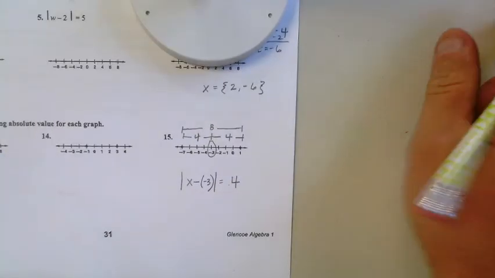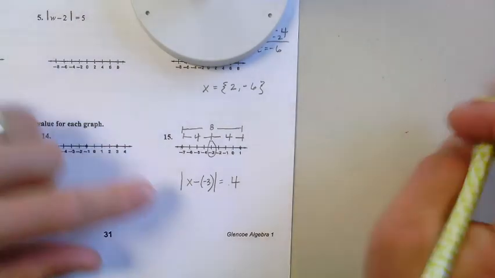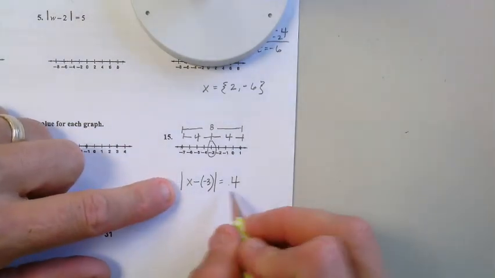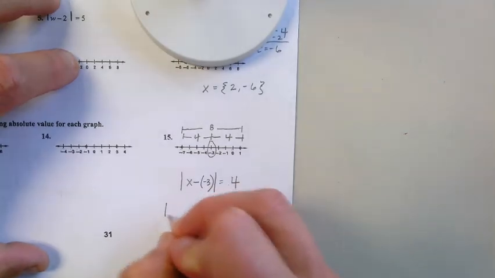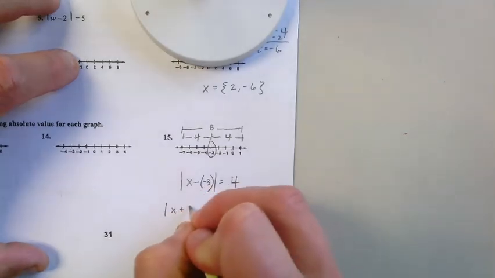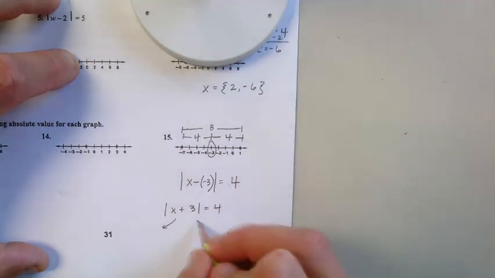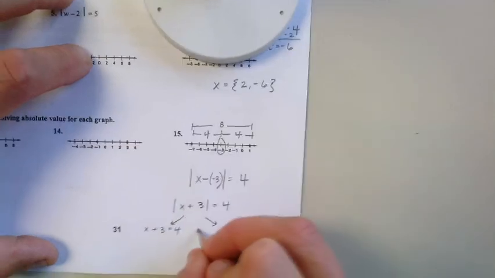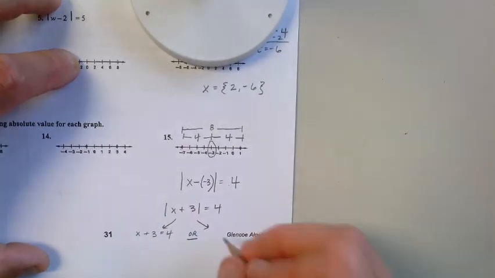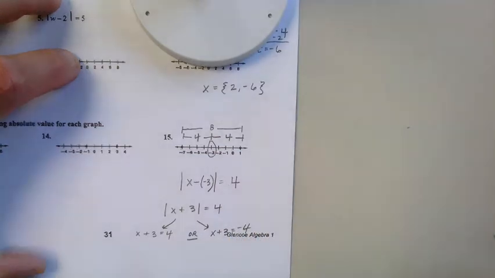Now you might be thinking to yourself, is there a way to check this? I'm glad you asked. I can go ahead and solve this. We can go backwards just like we did in example 1 up above. So I can go ahead and do this. The absolute value of x plus 3 is equal to 4 is either going to be x plus 3 is equal to 4 or x plus 3 is equal to -4, okay?